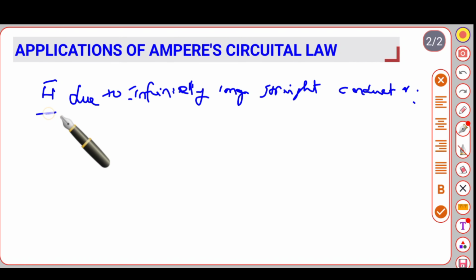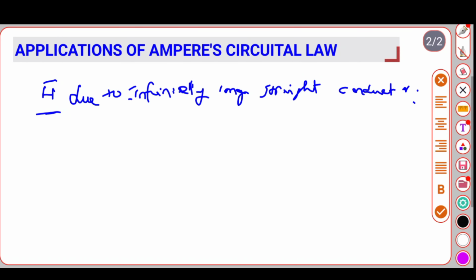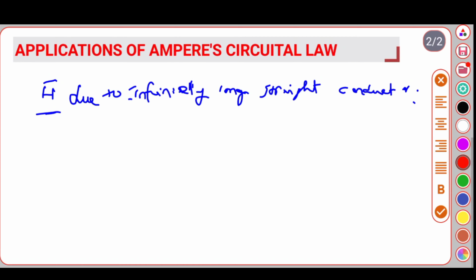Let us study the various cases and applications of Ampere's circuital law to obtain H bar. Mostly we use Ampere's circuital law to obtain H bar due to infinitely long and finitely long straight conductors. The first application is H bar due to an infinitely long straight conductor.